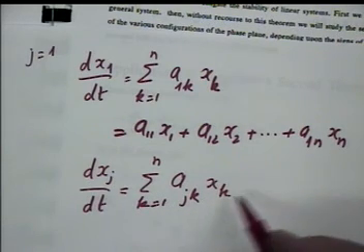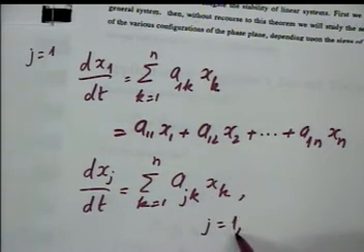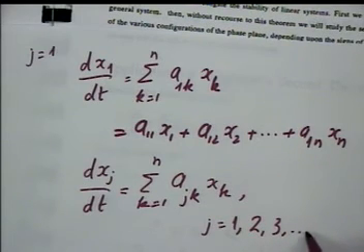This is a summation, and j itself takes values 1, 2, 3, etc., n.